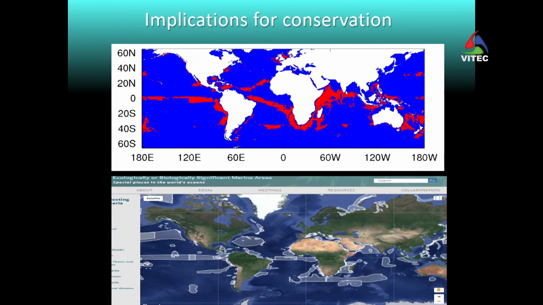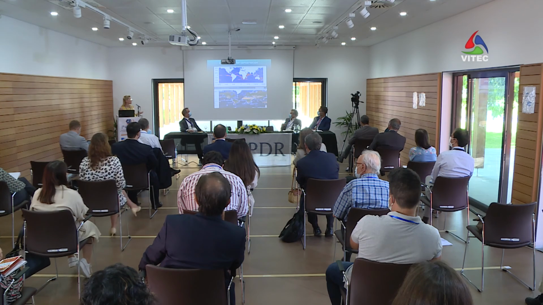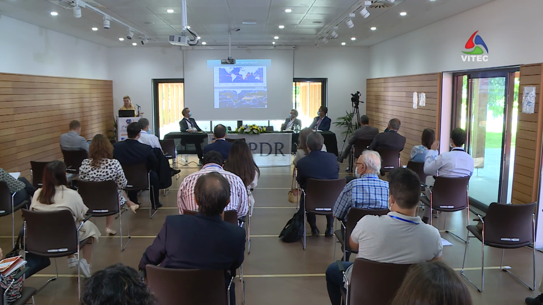This is something that was done also using other parameters by the Convention on Biological Diversity, which tried to estimate ecologically or biologically significant marine areas. I highlight on total different parameters. And we can recognize that some areas are still present. Of course, there are different parameters and different area cover.